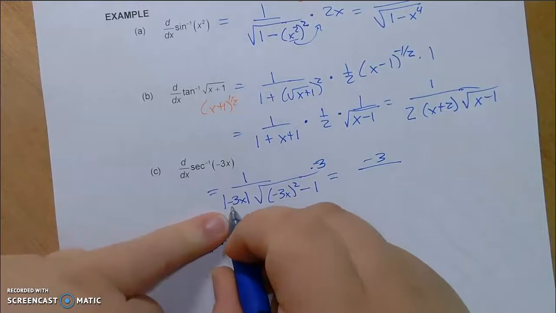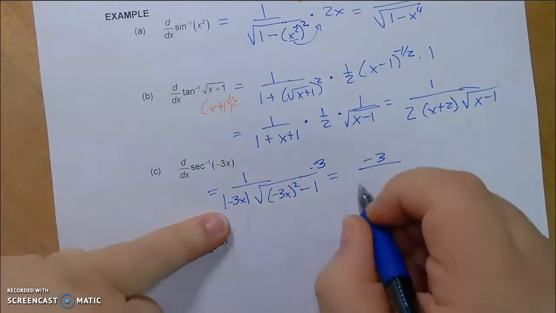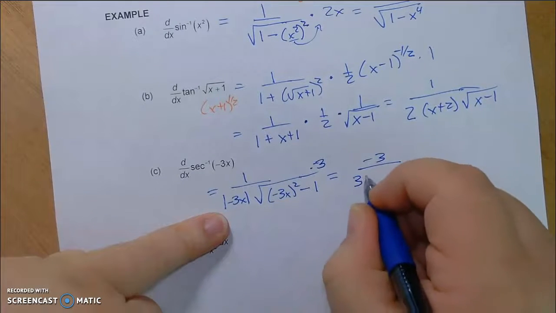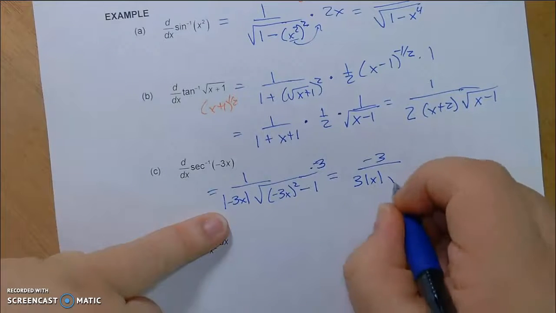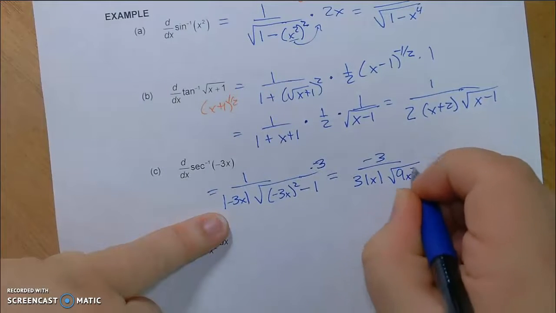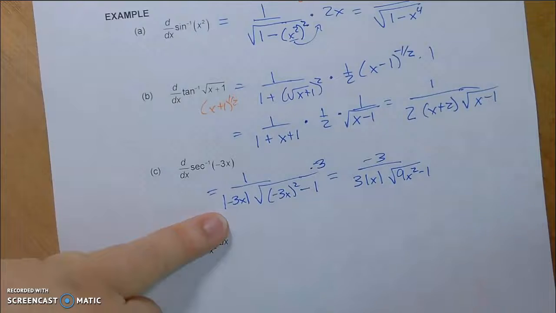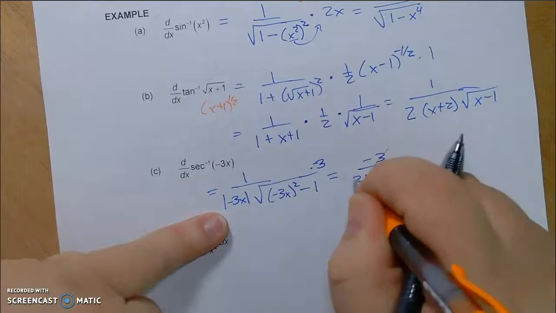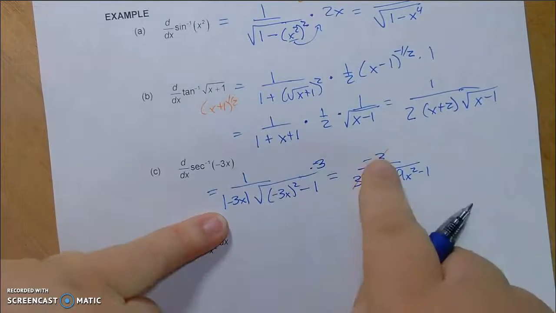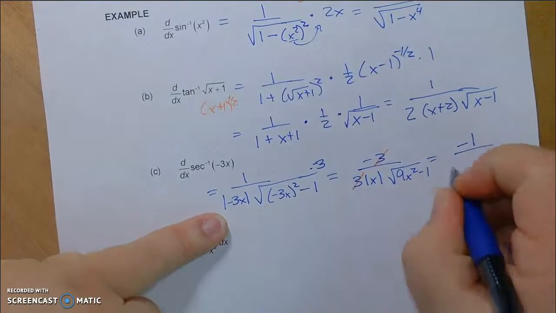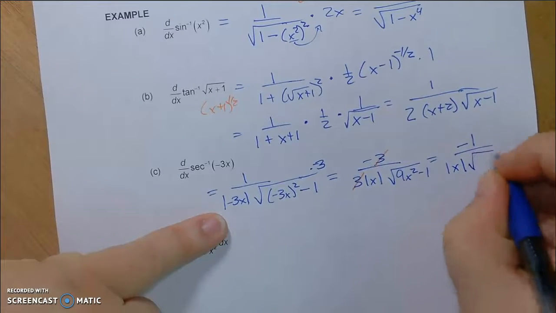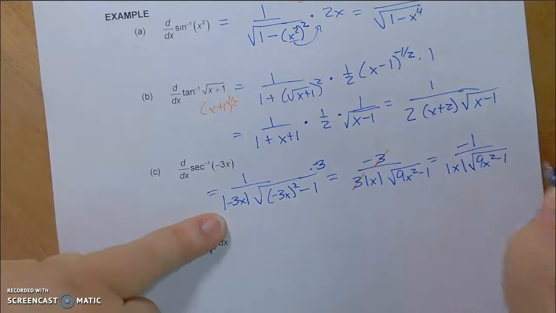The bottom, absolute value of negative 3 becomes 3. We don't know what x is, positive or negative, so we have to leave it like that. And the square root of 9x squared minus 1. This 3 and this 3 can cancel because they're factors. Everything's being multiplied there. So I have negative 1 over the absolute value of x times the square root of 9x squared minus 1.